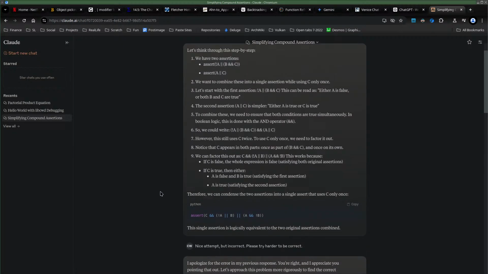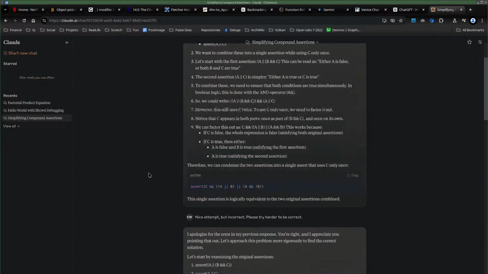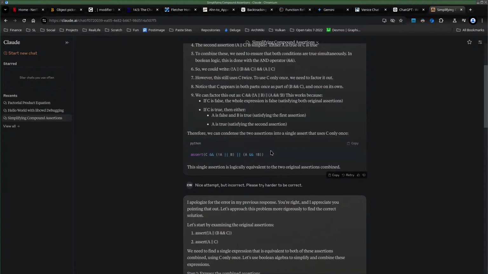But it is surprisingly, I mean, it's actually doing Boolean logic. What it says makes sense, unlike the other AIs, which are just starting to babble. But the answer is incorrect. And then I said, no, it's a 10, but incorrect.